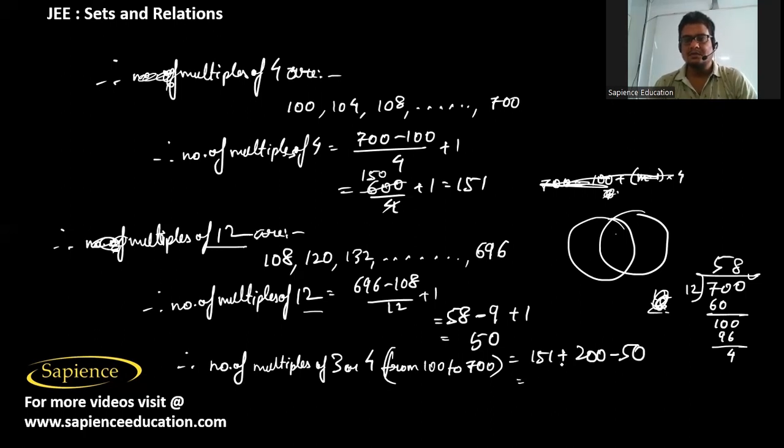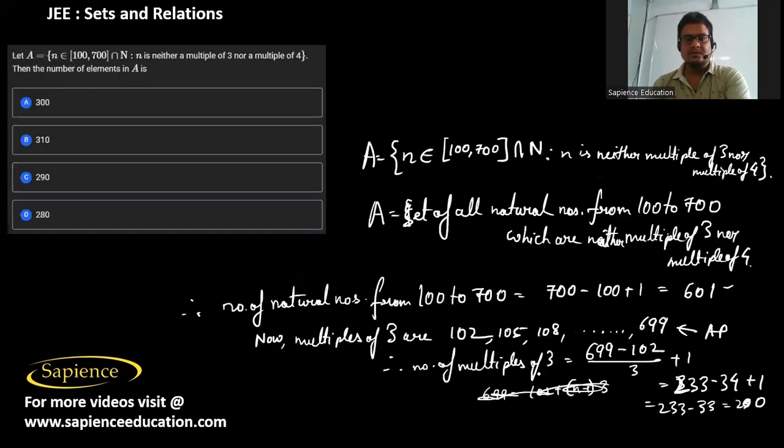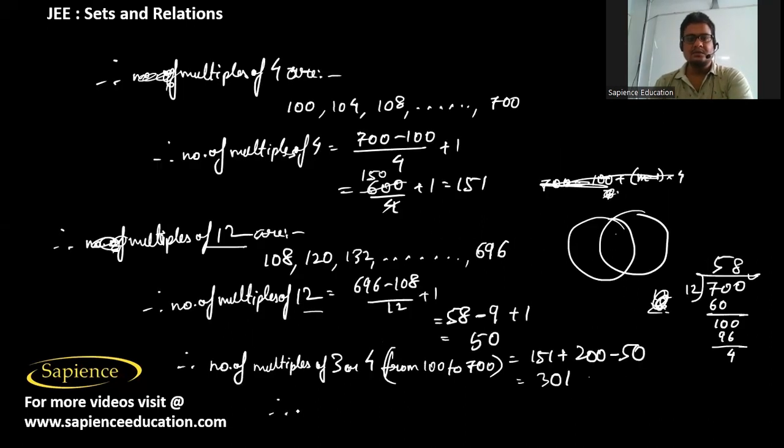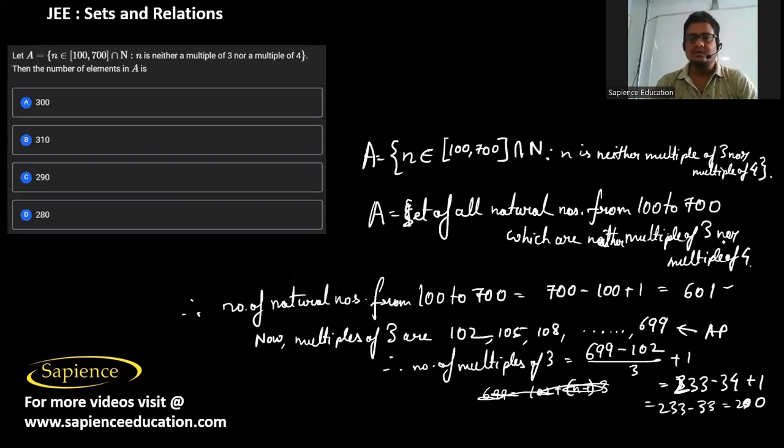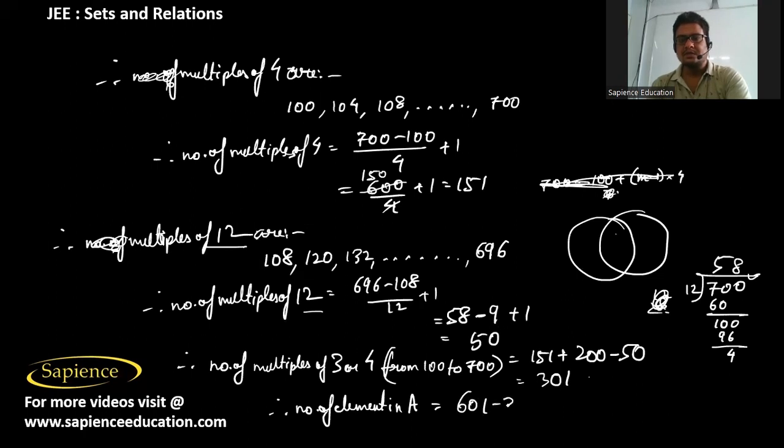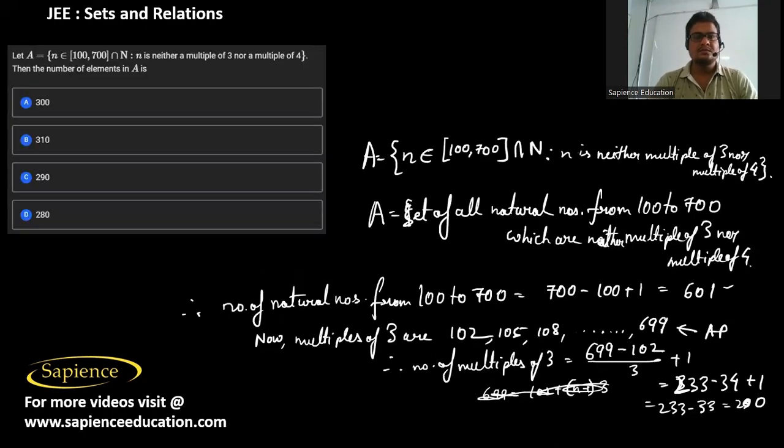So then we will get 301. So the number of elements in the set A, which are neither multiples of 3 nor multiples of 4, will be 601 minus 301, that is equal to 300. So therefore option A is the correct answer.